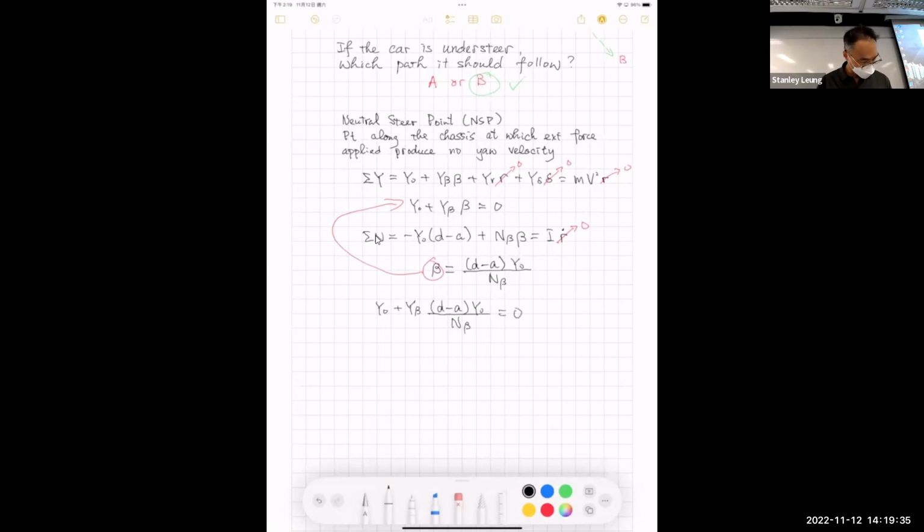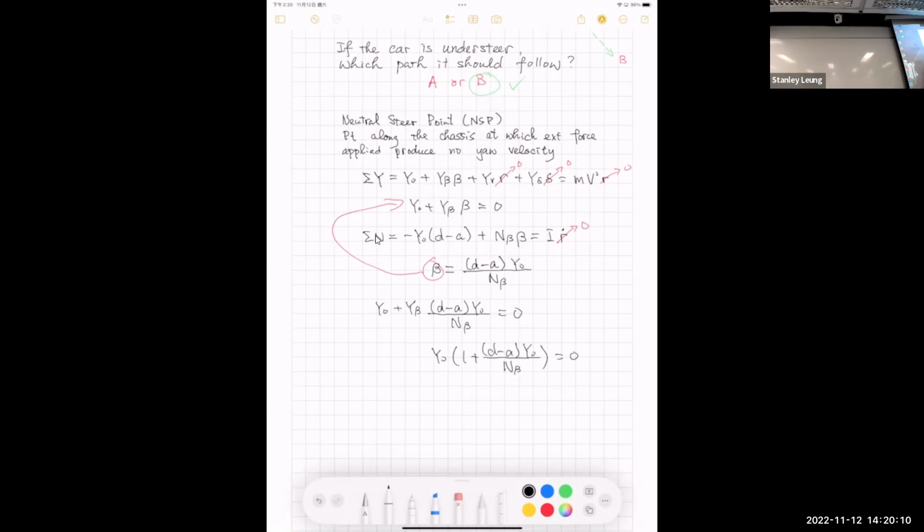Okay, and from here, rearrange. So this is 1 plus D minus A Y naught and beta equals to 0. Okay, so this term equals to 0. You know why not? It's not 0.